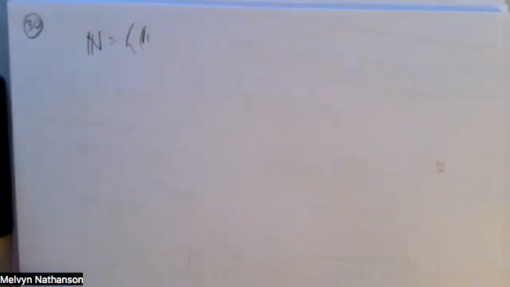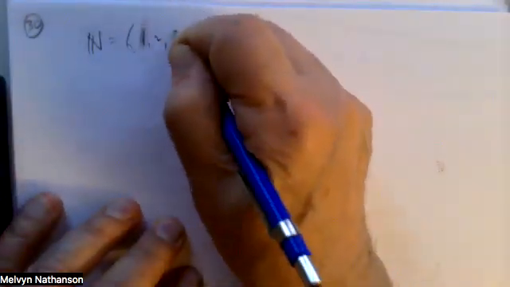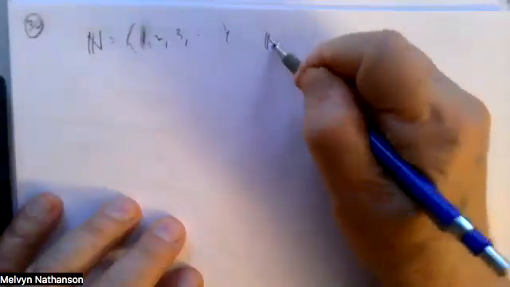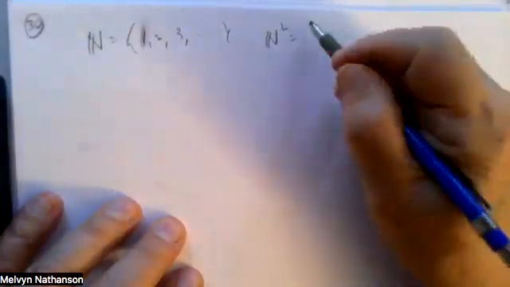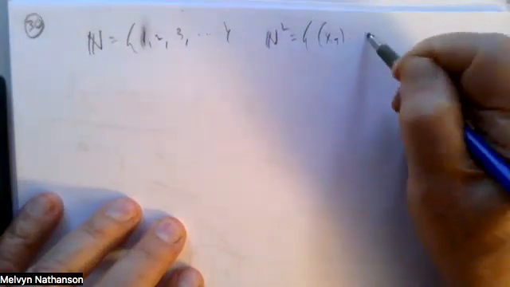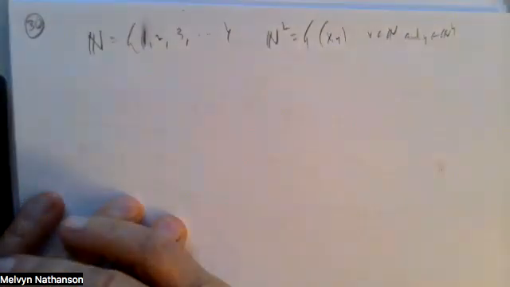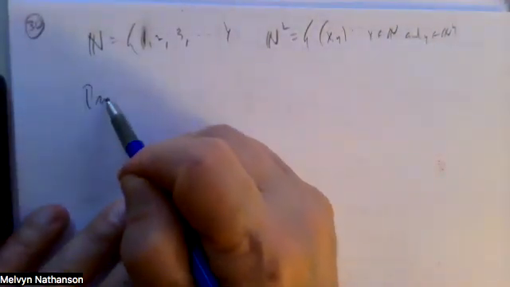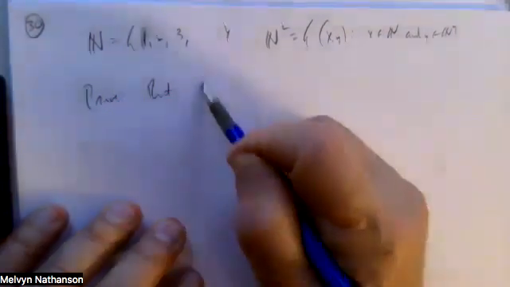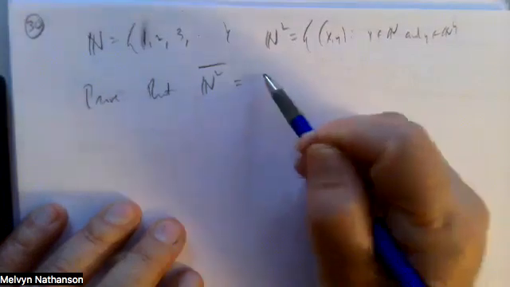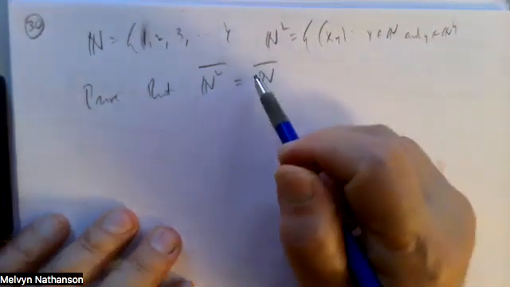So n is the set of positive integers. And n squared is the set of ordered pairs of positive integers. And we want to prove that the number of positive integers equals the number of ordered pairs of positive integers.